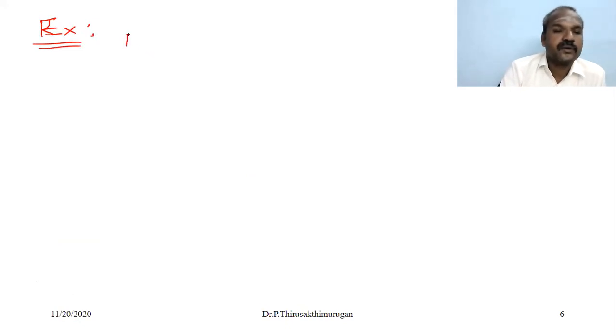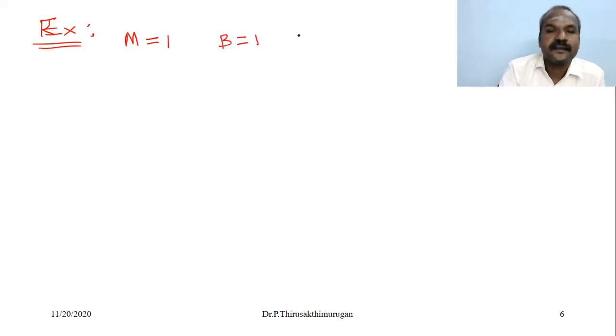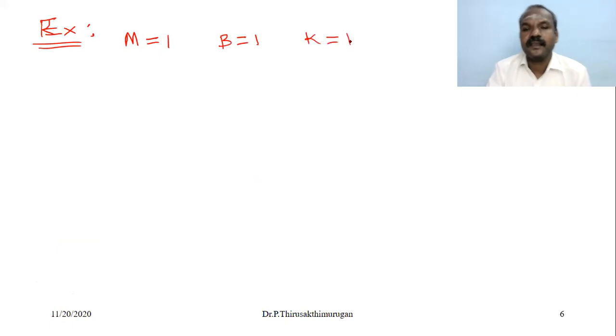Take m equal to 1, the mass of the system, the robot, b is 1, k is 1. We already discussed this problem in the previous class.